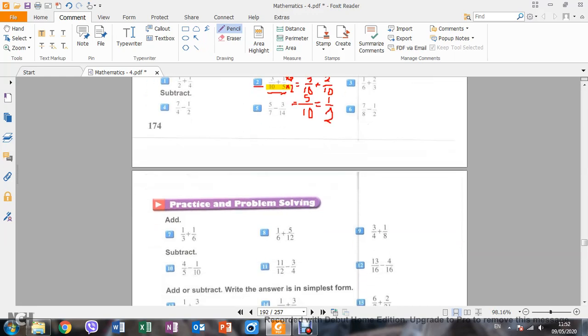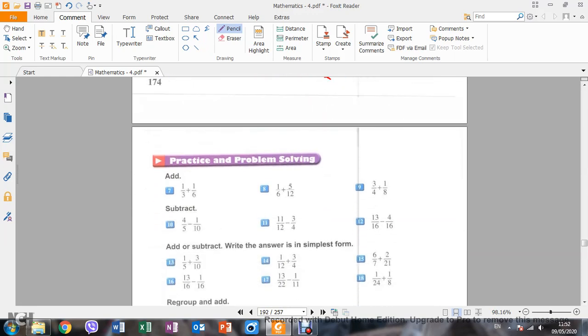The second one, subtract. Okay, for example, I have this one, 11. Every time you have two denominators, you should change the small denominator to the big denominator. For example, the big denominator is 12, in here, in 11/12, and the other number is 4.